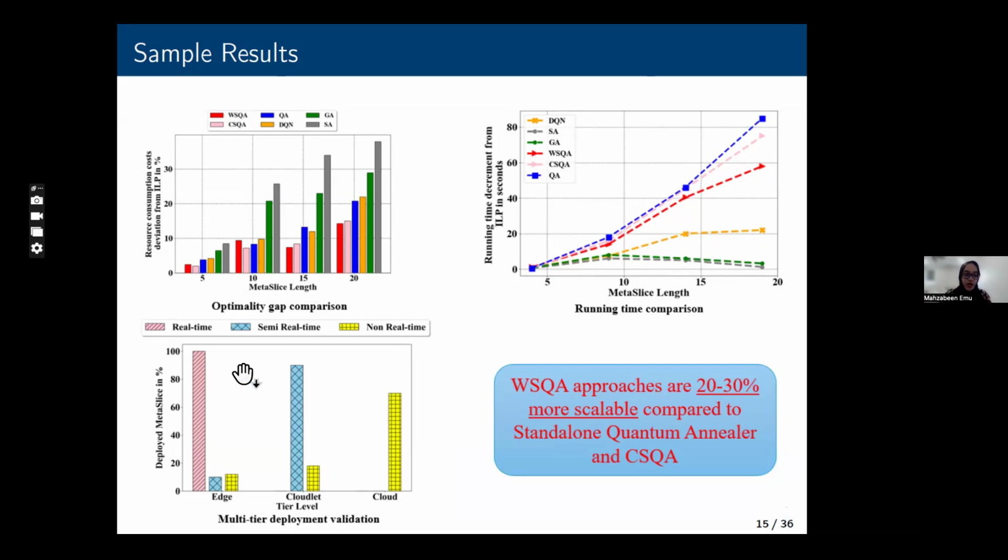Finally, we also make sure that all the real-time resources are being deployed at the edge, and the semi and non-real-time resources are placed into the cloud to make sure that our optimization model is working well. However, we do notice a slight difference in terms of scalability. Warm-start quantum annealing is much more scalable, 20 to 30% more scalable compared to quantum approaches where we start with the quantum annealer, right? But it performs not as well in terms of running time comparison.